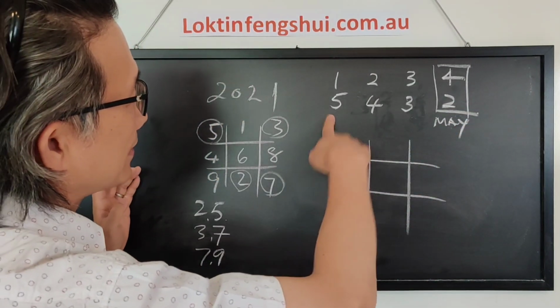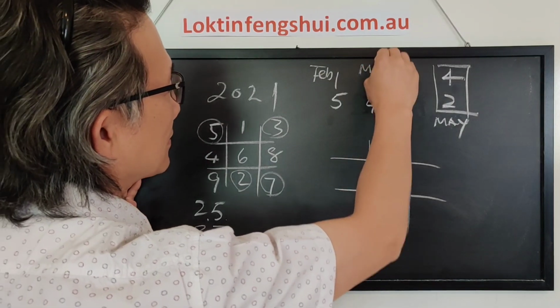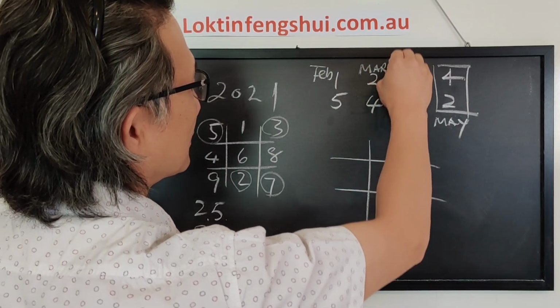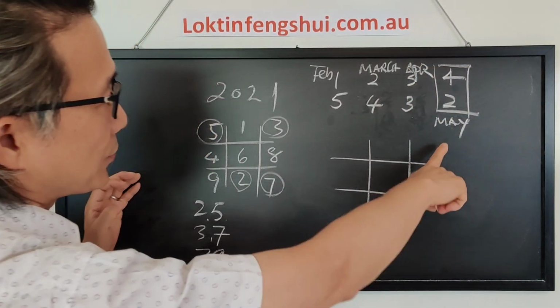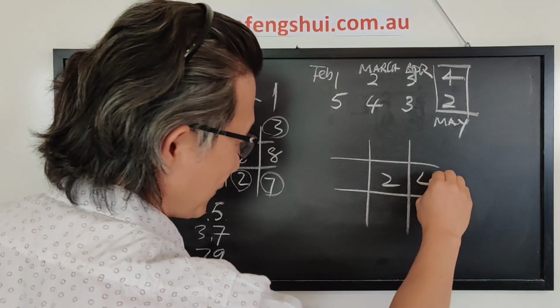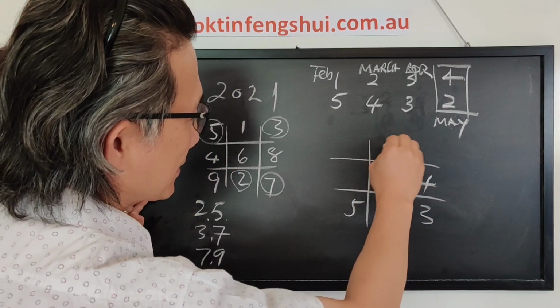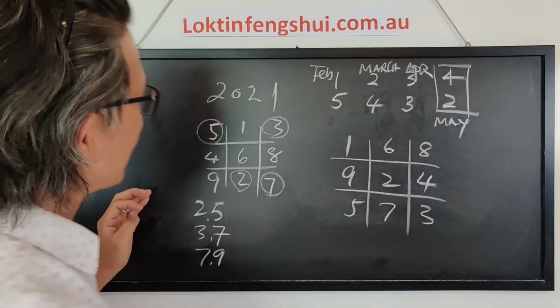The first month is February, then March, April, and May. So May is 2: 2, 3, 4, 5, 6, 7, 8, 9, 1.